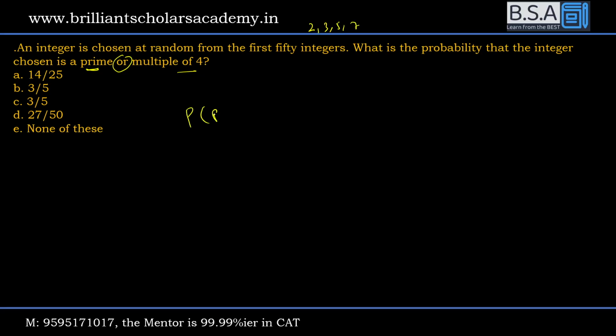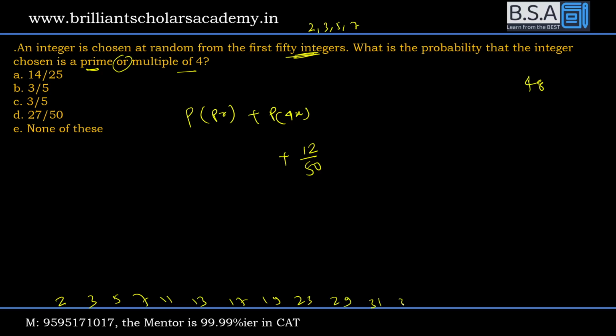तो आपको प्रोबेबिलिटी ऑफ प्राइम चाहिए और प्रोबेबिलिटी ऑफ 4 का मल्टीपल चाहिए, क्योंकि 50 नंबर तक आपके पास है. तो 50 नंबर तक लार्जेस्ट मल्टीपल इज 48. देयर आर 12 मल्टीपल्स आउट ऑफ 50. अब प्राइम नंबर्स तो मैन्युअली करना पड़ेगा हमें. 2, 3, 5, 7, 11, 13, 17, 19, 23, 29, 31, 37, 41, 43 and 47 are the prime numbers up to 50.